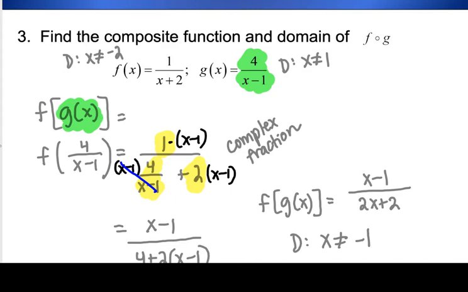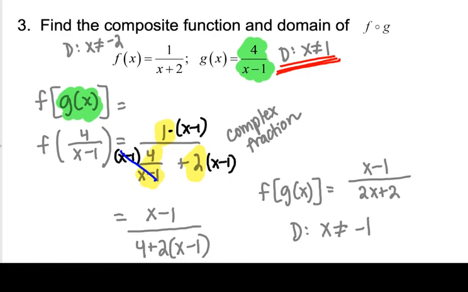So in the original function, remember, you have to start with this domain first. So we start with this domain, x cannot equal +1. So that restriction is also in our final domain. Now when x is 1, you end up with an undefined value.